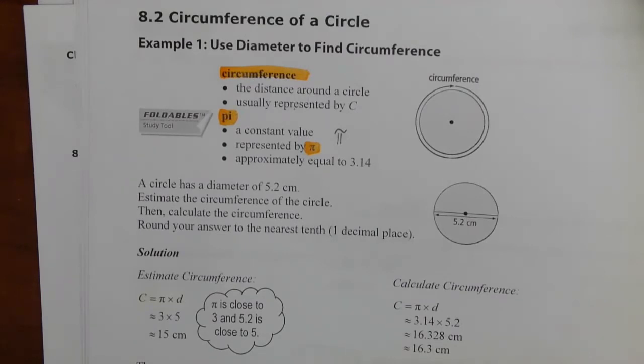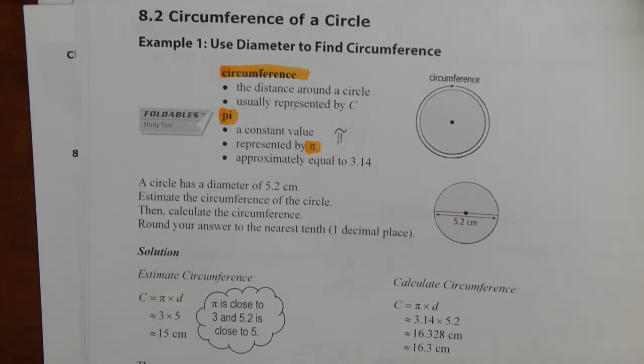If you were a physicist out there in the real world dealing with large scale circles, perhaps circular orbits of planets or something like that, maybe you might need a little bit more accuracy than that, but for our purposes 3.14 is what we're going to use.